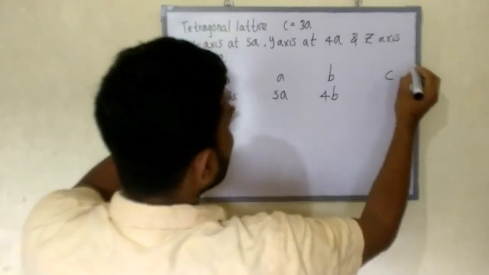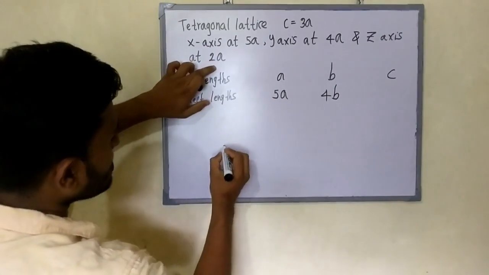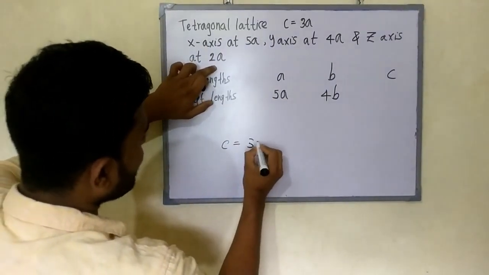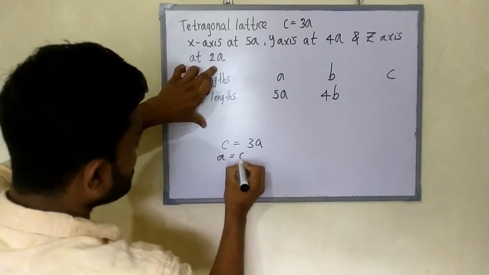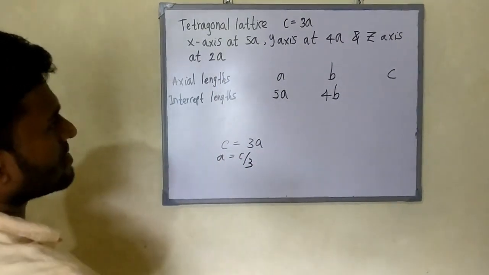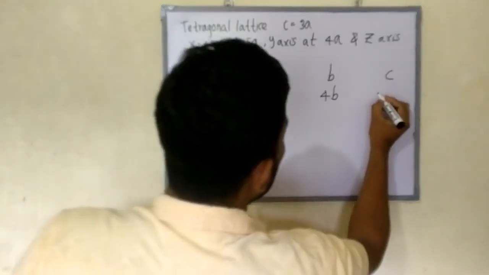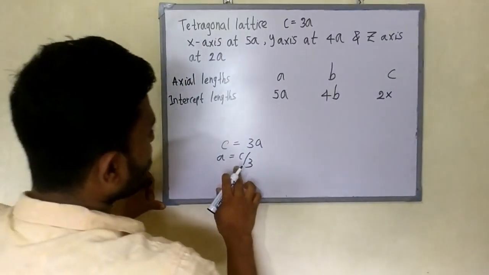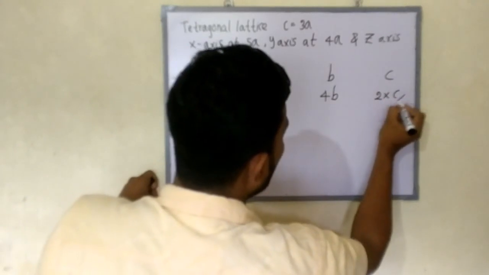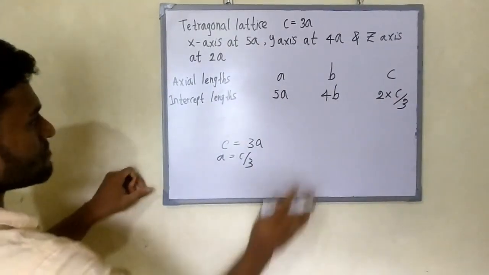From this we know c equals 3a, and here a equals c over 3. So for 2a, from a you can substitute c over 3.